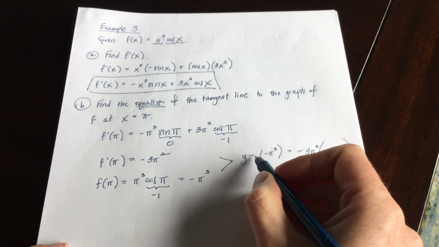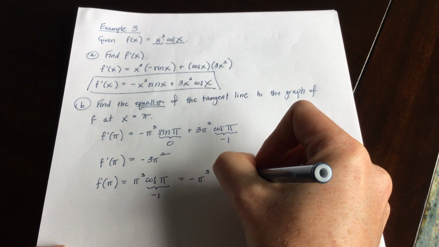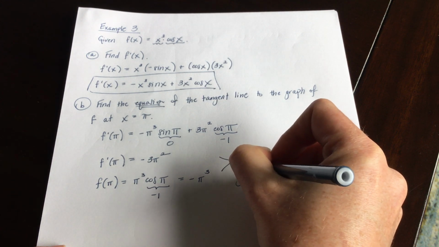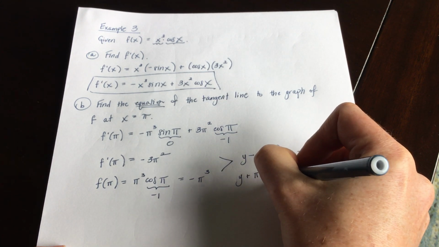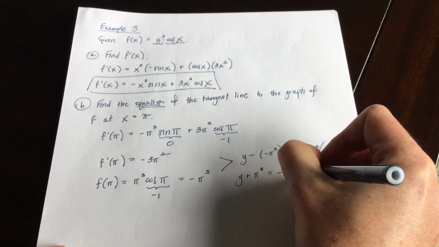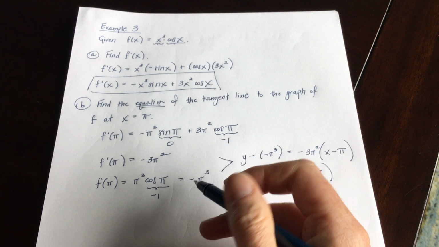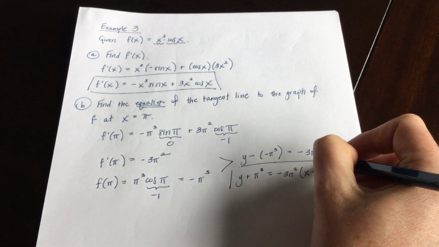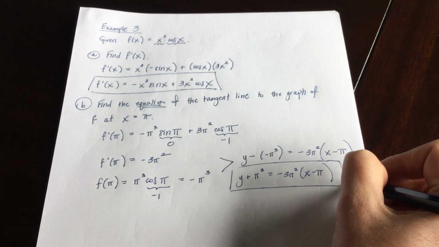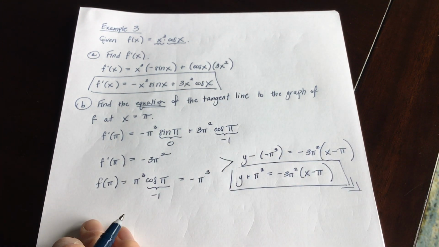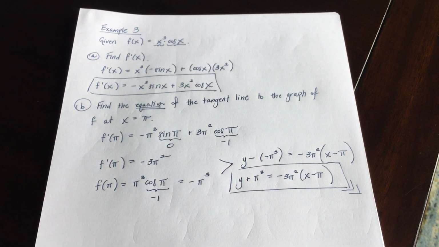I think most of us are tremendously bothered by double negatives, so probably writing your answer as y plus pi cubed equals negative 3 pi squared times x minus pi. And I know some of you are hardcore y equals mx plus b folks, so you are welcome to write your answer in y equals mx plus b. The rest of us slobs are just going to leave our answer like that and be perfectly proud of ourselves.